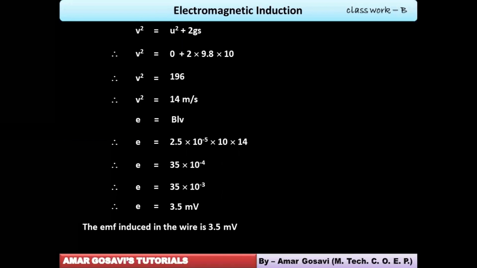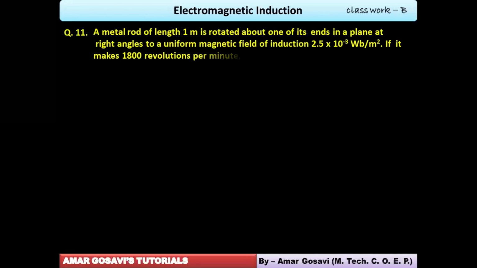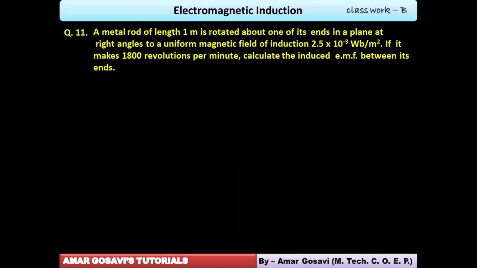So let's try a few more questions like this. Here you can see the question is being twisted a bit. Okay, so here they talk about a metal rod of length 1 meter, and it's rotated about one of its ends, okay, in a plane at right angles to uniform magnetic field of induction, say 2.5 into 10 raised to minus 4 Tesla, minus 3 Tesla, sorry, or Weber per meter square, one and the same.